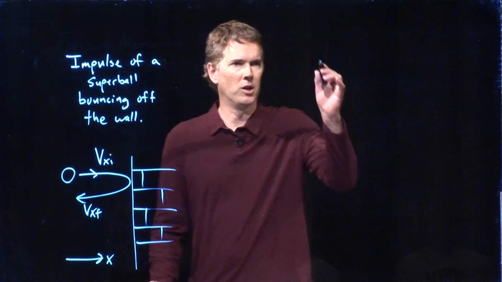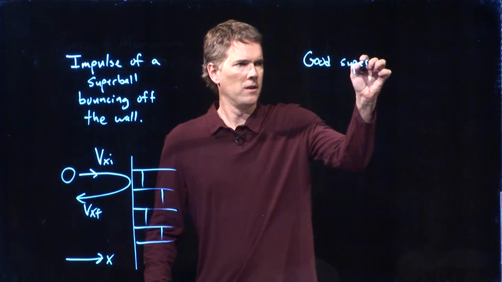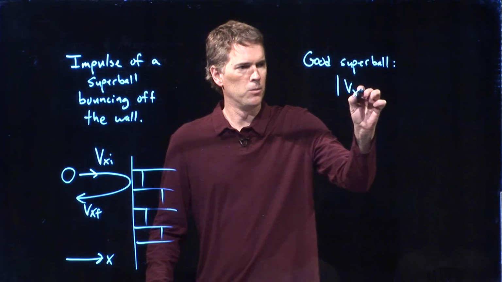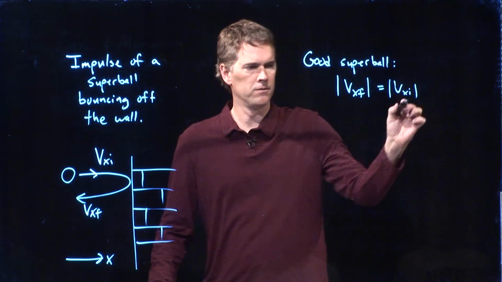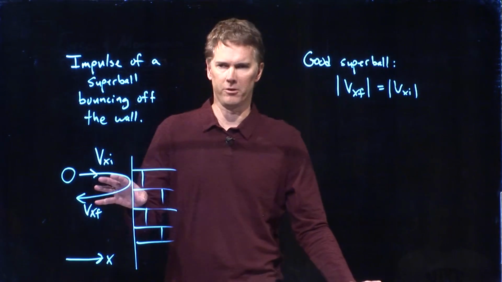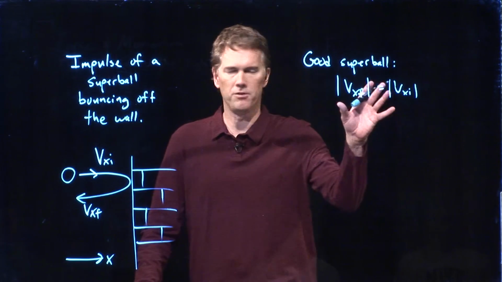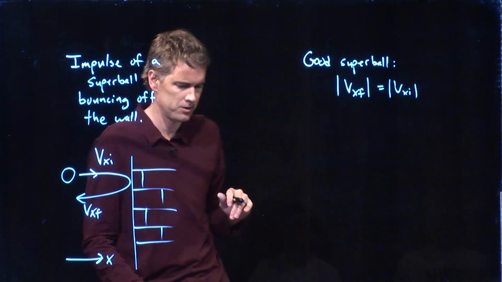Now, if it's a very good superball, that means that it will bounce off with nearly the same speed as it went in. Nothing is a perfect superball, but in the limit that it is a perfect superball, it will bounce off with exactly the same speed. So we can take that into consideration.